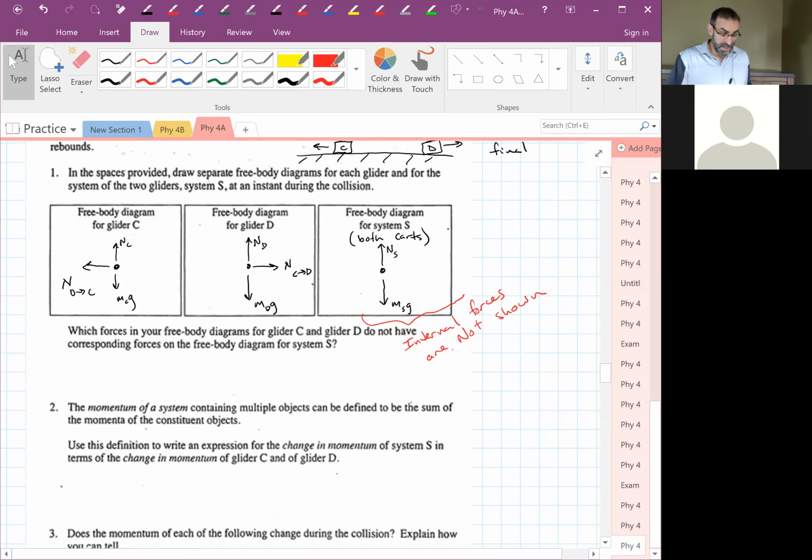So what that says is we can add up the momentum of A and the momentum of B, and we get the momentum of the system, A plus B. Right, so the momentum of the system is the momentum of C plus the momentum of D.